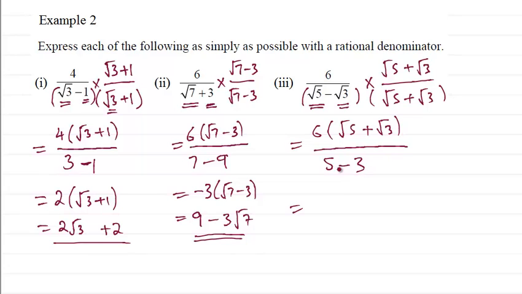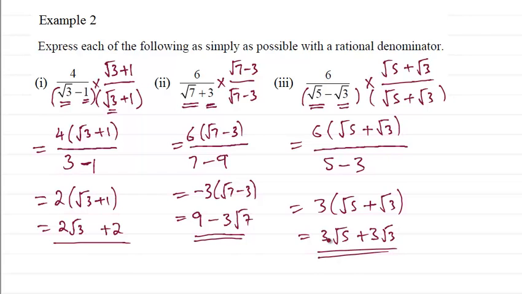So you got 6 divided by 2, so you got 3 root 5 root 3 inside the bracket, or you can write 3 times root 5, then 3 times root 3, like this.